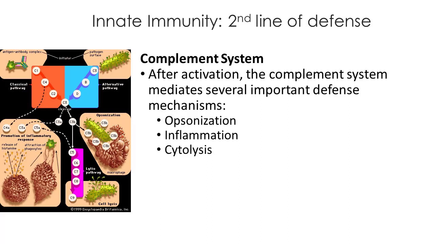You remember the clotting cascade? You have these inactive, these-ogen proteins that are present in your blood. These are very similar, and in a similar way, there are two ways that you can activate these complement proteins. And these complement proteins are going to have a wide-ranging impact and physiological consequence that's positive for the immune system.